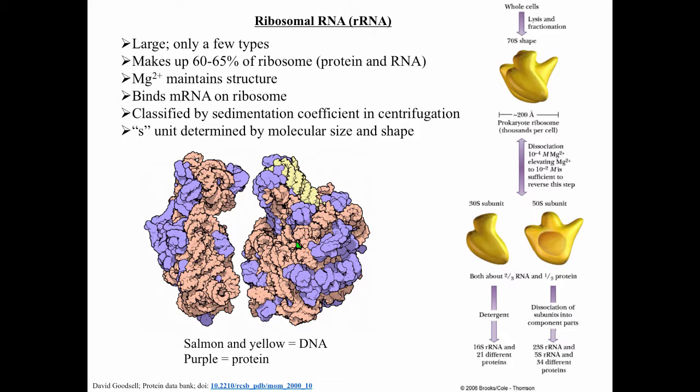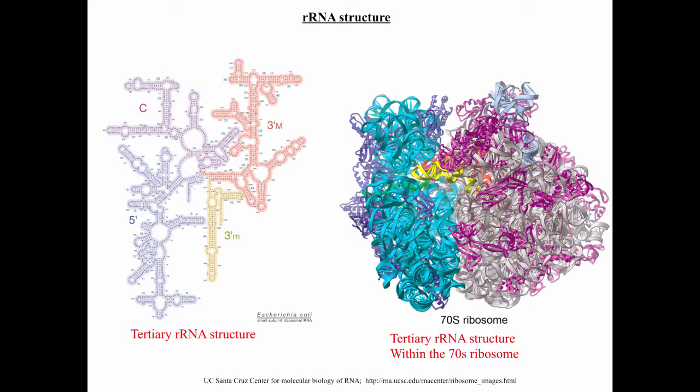We call them different subunits because they have different sedimentation coefficients, or essentially different sizes and shapes.